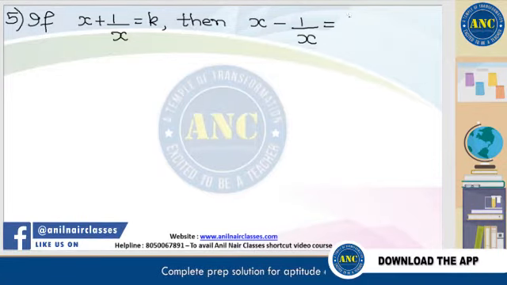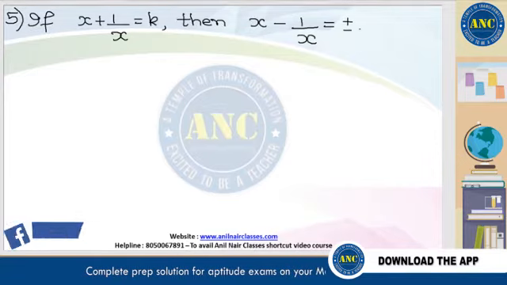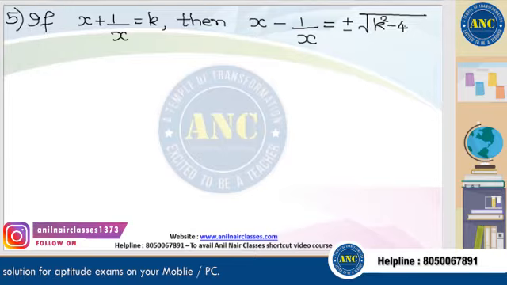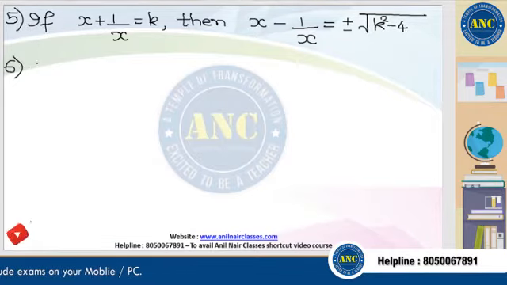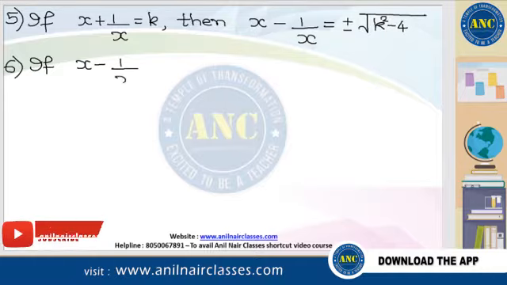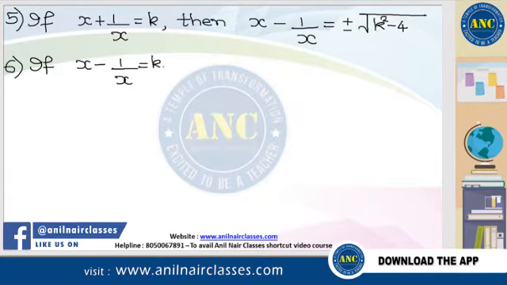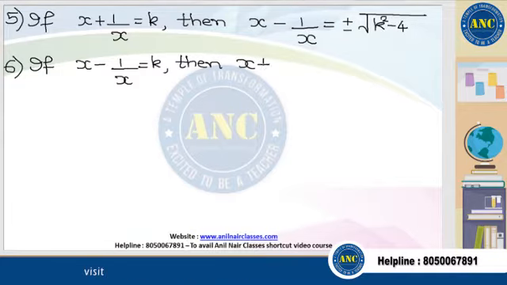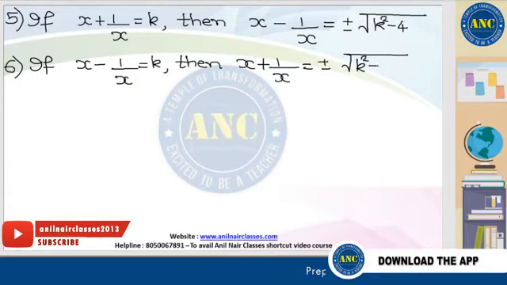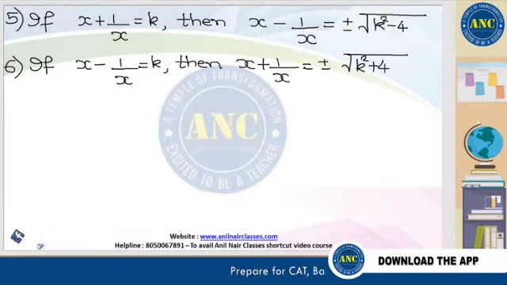It is equal to plus or minus square root of k square minus 4. And there is another reverse of it. If x minus 1 by x is k, then x plus 1 by x will be equal to plus or minus square root of k square plus 4.